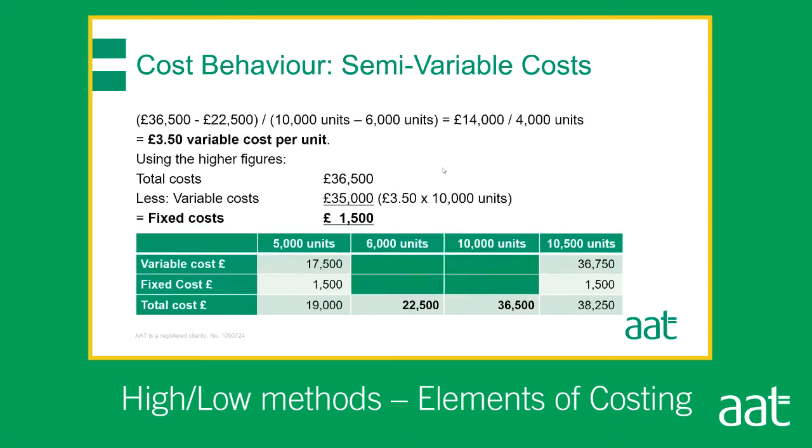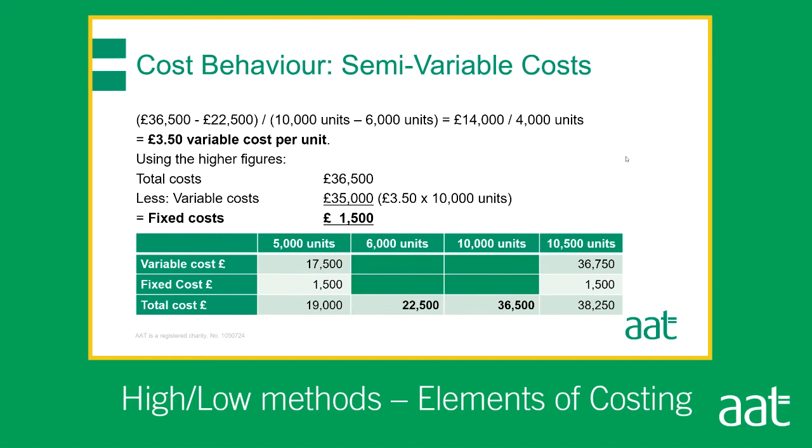Okay, so confirmation then, including the workings. We had £3.50 variable cost per unit, total fixed costs of £1,500. So we know we can pop our fixed costs straight into the table there.